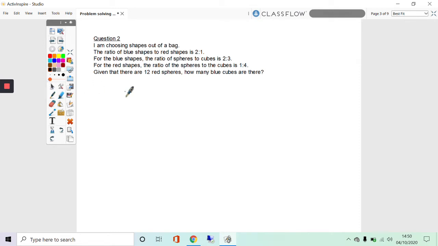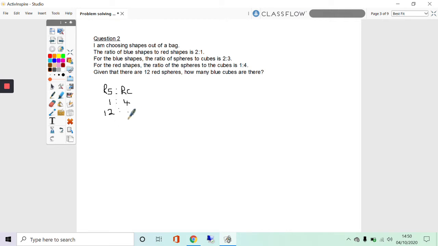Right, so I know how many red spheres there are. So I'm going to start with this ratio of red spheres to red cubes, and I'm going to work backwards. So red spheres to red cubes is 1 to 4. And I have 12 red spheres.